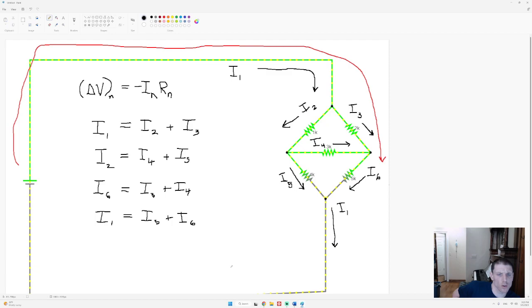The last equations, of course, are the loop rules. Actually, how many loops could we do? We could do one that goes left and avoids this middle resistance, one that goes right and avoids this middle resistance, and then one that goes through and uses the middle resistance.